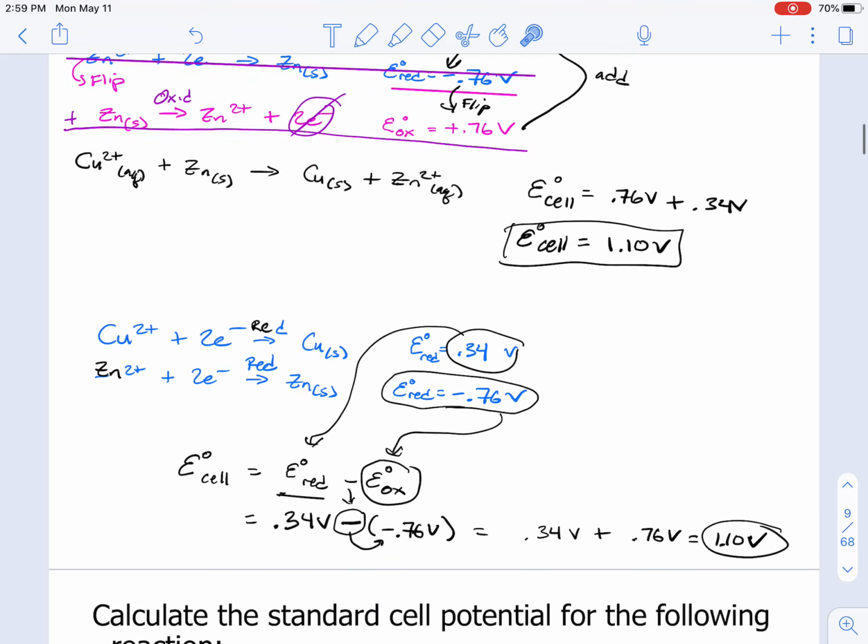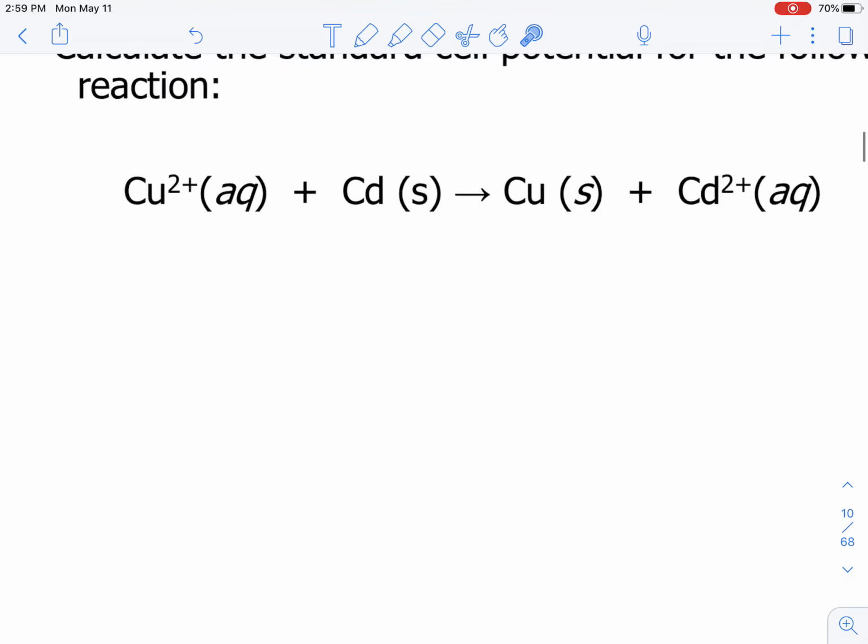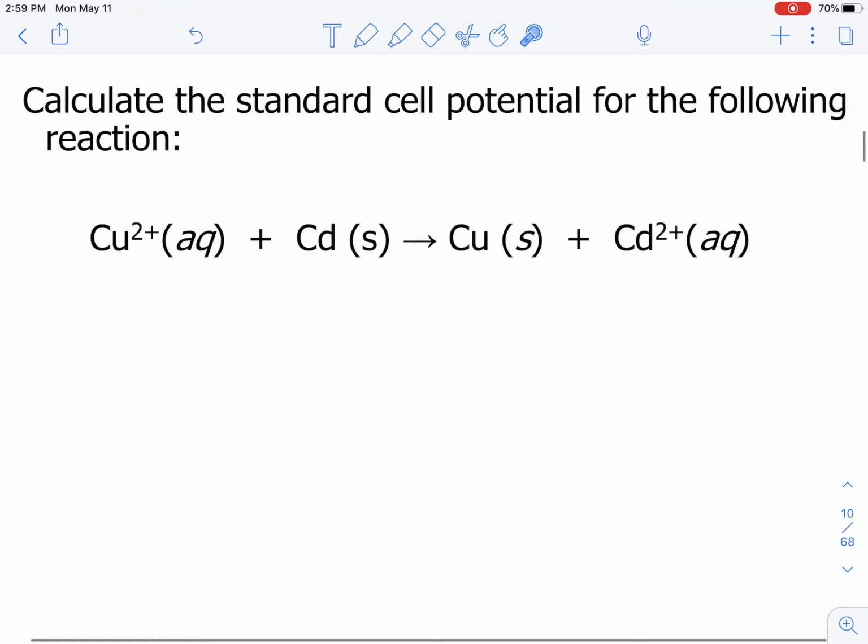Okay. All right. So let's go ahead and work through another example. Here we have this galvanic cell, and it's summarized as copper 2 plus aqueous plus cadmium solid to produce copper solid and cadmium 2 plus aqueous.